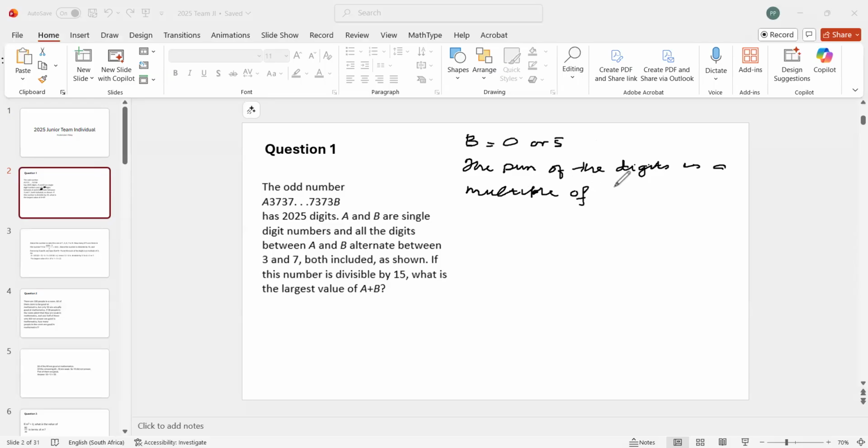Whenever a number is divisible by 3, it means that when you add all the digits, the sum is a multiple of 3. So we need to add all these digits to see what the sum is.